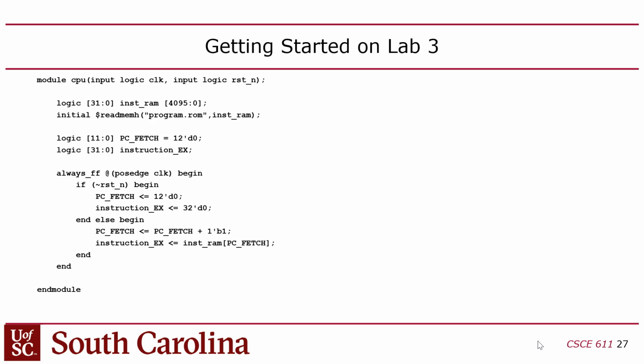Traditionally in this class, we use one of the buttons as the reset. And those buttons are active low, which means when you push them, they're 0. So if you want to connect the button directly to the reset, you have to use active low logic. That's why you have reset_n.